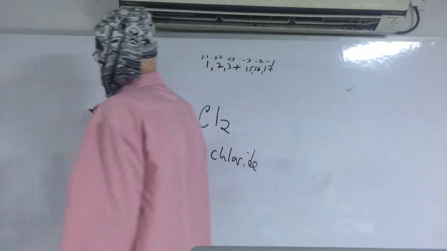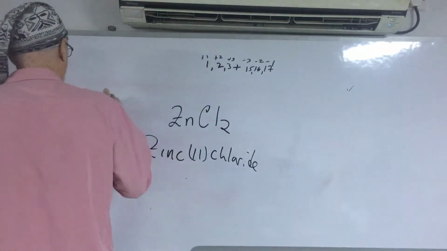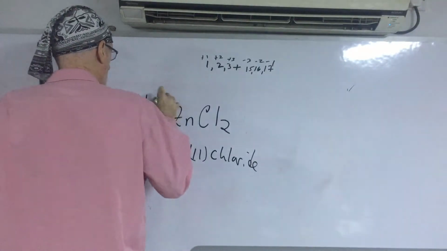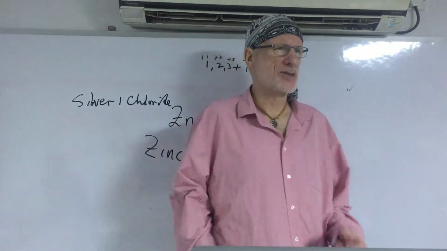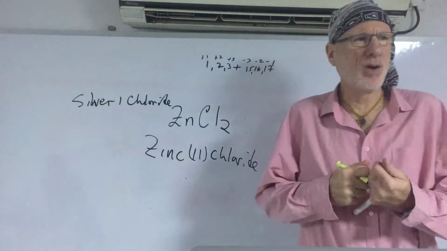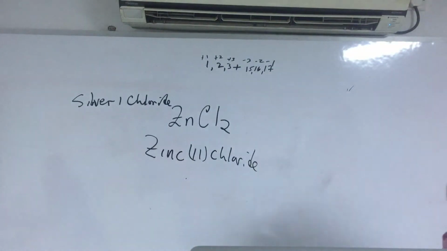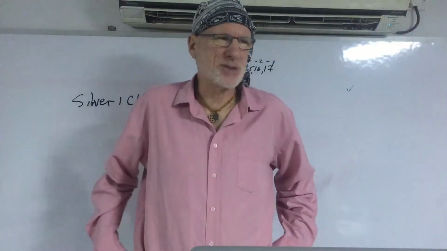Silver is another one. Silver 1 chloride. It's generally, silver just has generally 1. But because it's a transition element, yeah, zinc, cadmium, mercury, generally +2. But mercury could have +1.